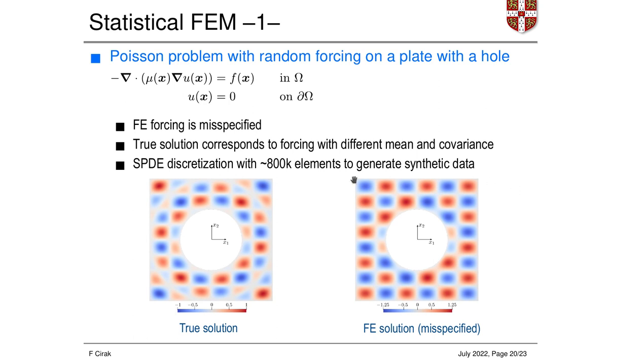So we want to infer the true solution given some data, and we generate this data by discretizing the domain up to 800,000 elements, and we do inference from this data.